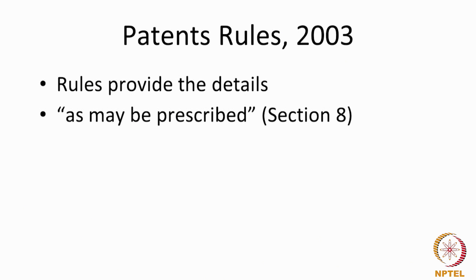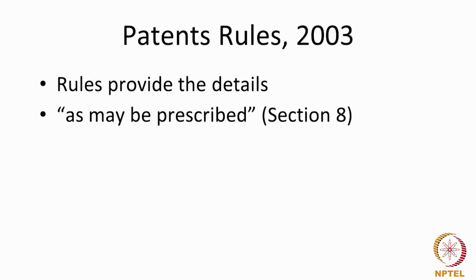The reason for that is, if this period needs to be changed, it can be done by a simple process of the central government making or amending the rules. It need not go back to the parliament and there need not be a presidential assent to that process. So that is why you find this generic language repeated in various parts of the Patents Act: as may be prescribed, within the prescribed period, within the time prescribed.